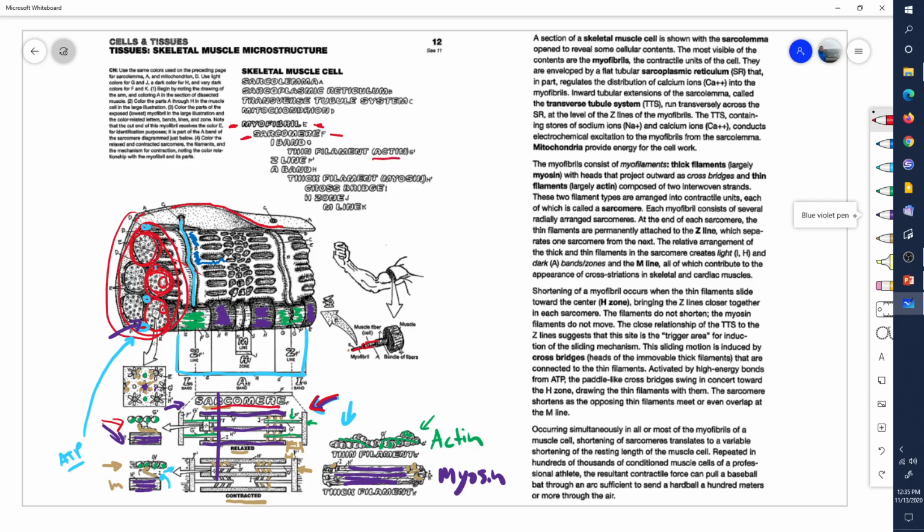Here's your actin and myosin. You know that actin is that thin filament. The thick filament is myosin. And of course, our cross bridge, the ever important cross bridge that reaches out from the myosin and grabs the actin and pulls on it to cause contraction.